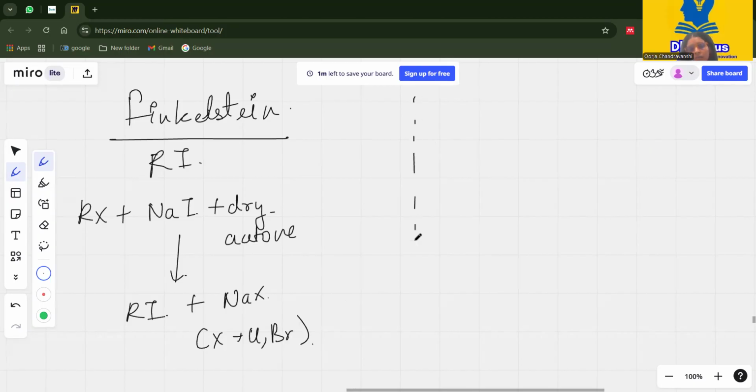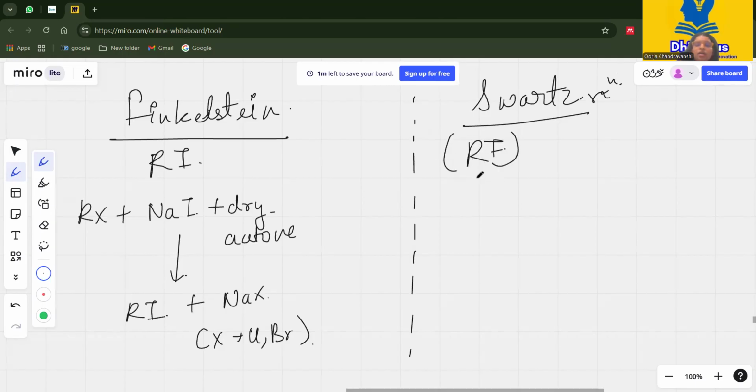And another reaction is that of Swarts. So this is used for preparing fluoroalkanes. I'm taking RX, with which here I can take a number of salts.